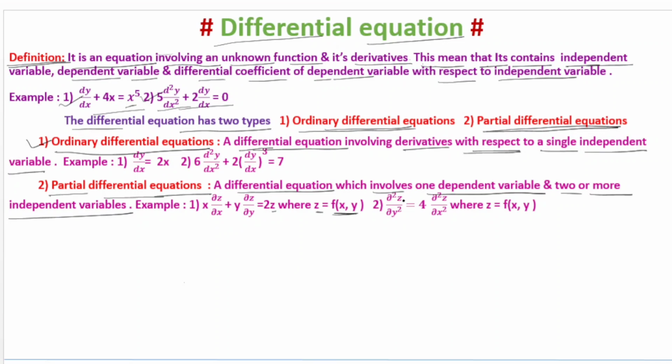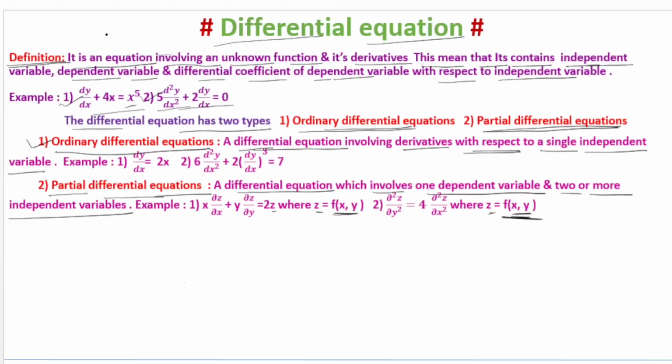Another: dou square z upon dou y square is equal to 4 into dou square z upon dou x square, where z is a function of x and y. Here z is a function of two independent variables, so we have to take the derivative with respect to x as well as with respect to y. So any differential equation with two or more independent variables is called a partial differential equation.